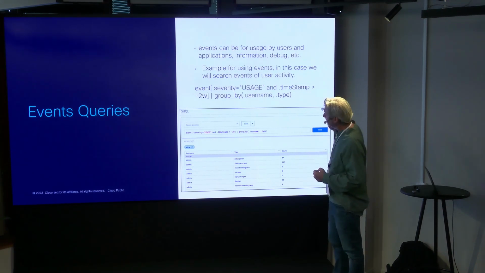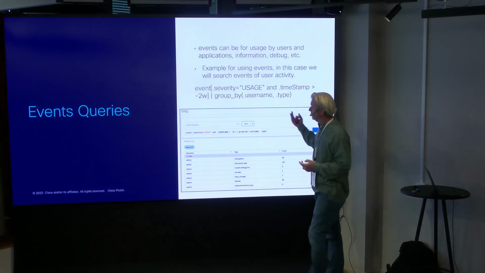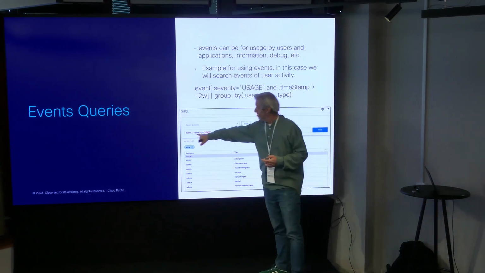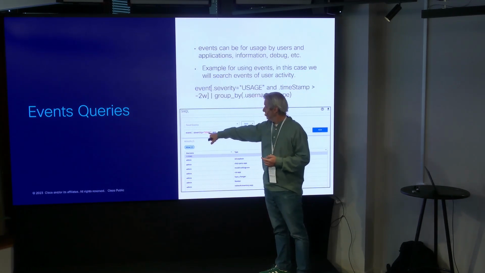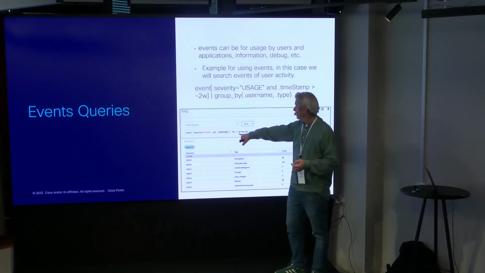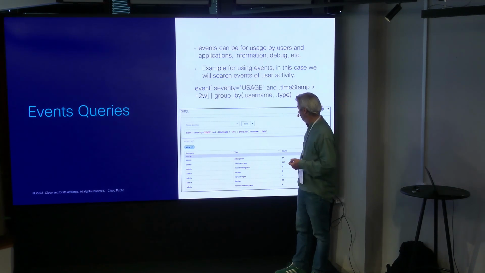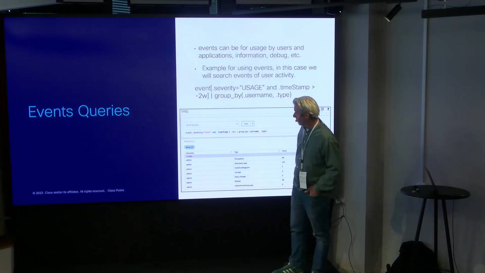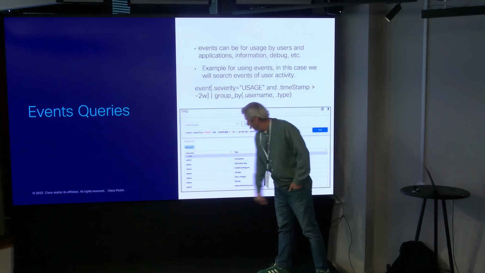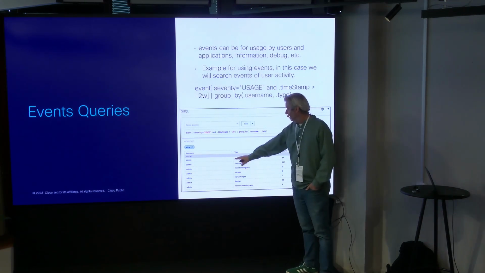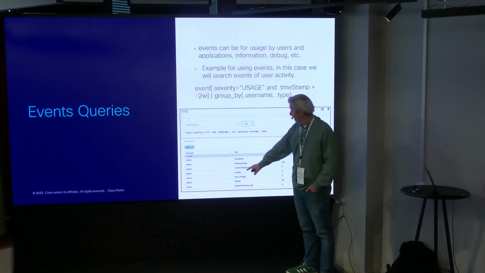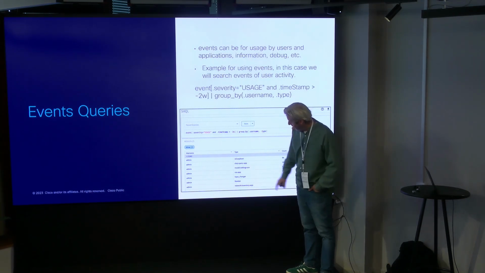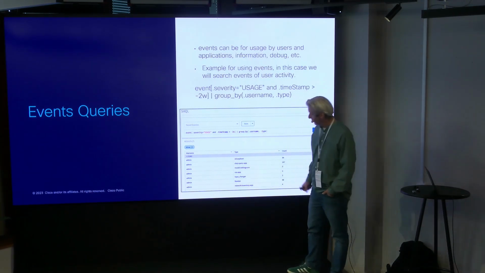So we can query that. In this case, you can see that I'm asking here, bring me all events severity usage in the last 2 weeks, grouped by username and type. So we can see that the username, in this case, all were admin, but some of them are the 3D map, some of them are of the SHQL query application, the root cause analysis application, and so on.